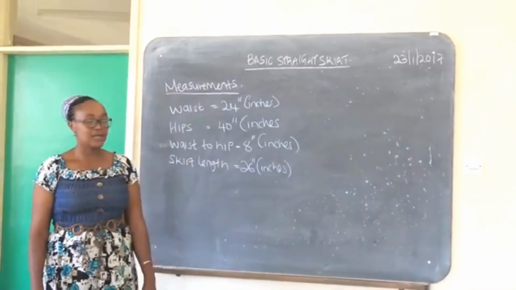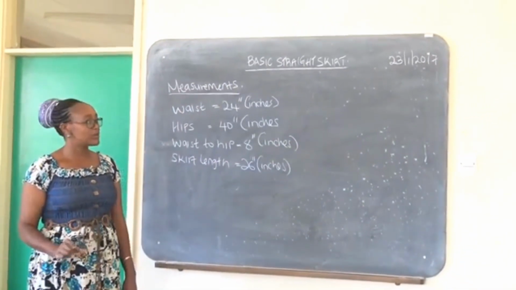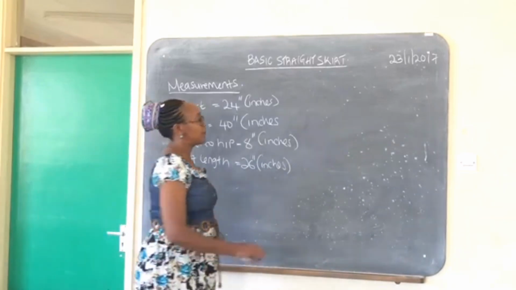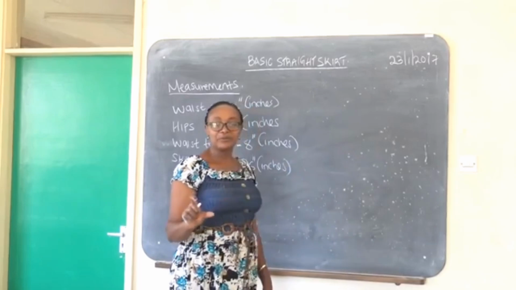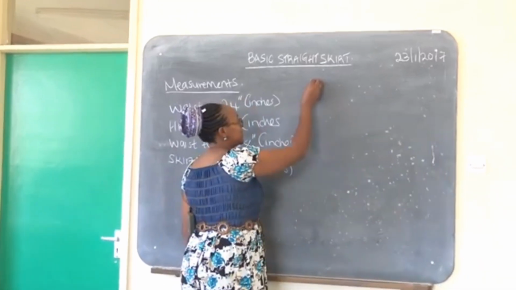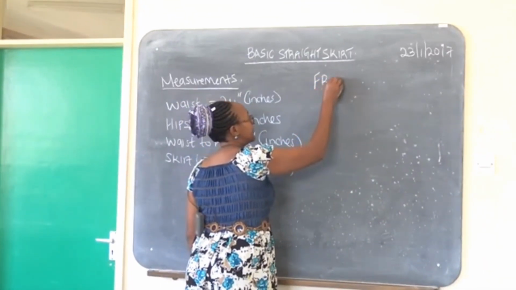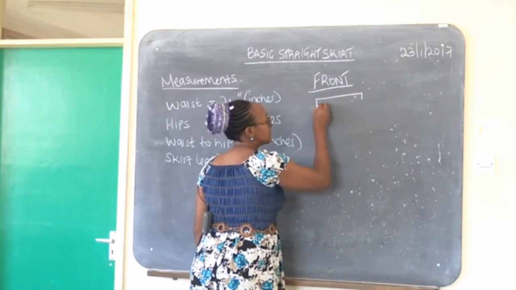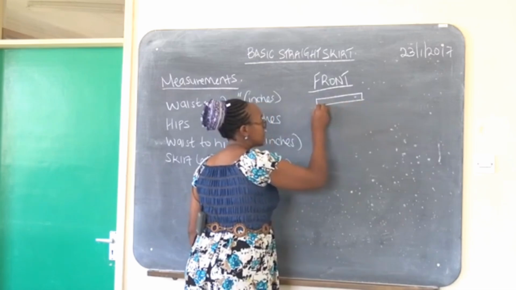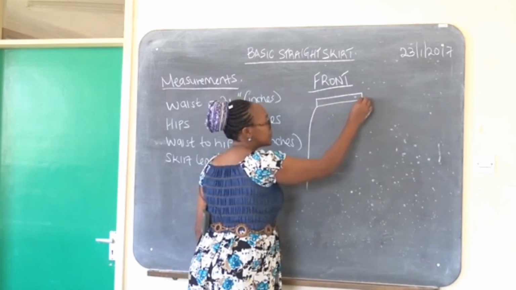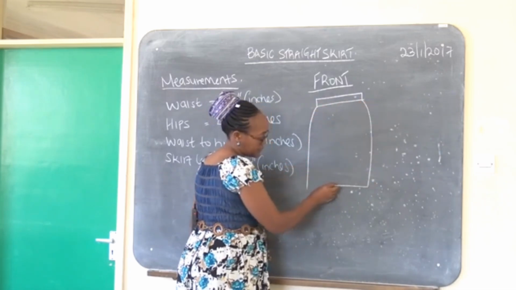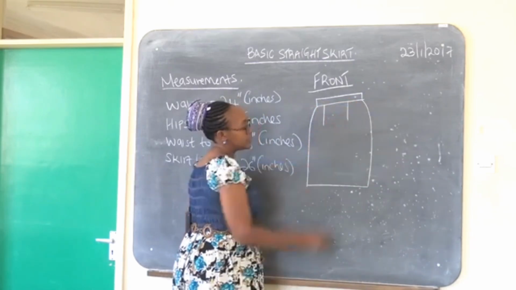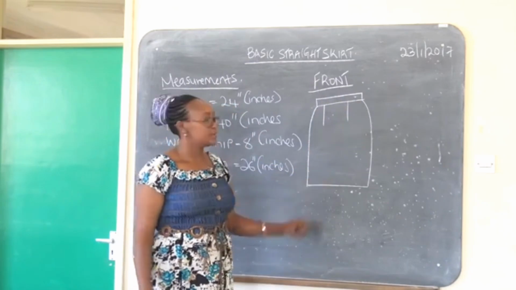In a straight skirt, I shall first start with demonstrating or illustrating the features in a straight skirt. I will draw the front part of the skirt and the back part of the skirt. This is the front part of our skirt.